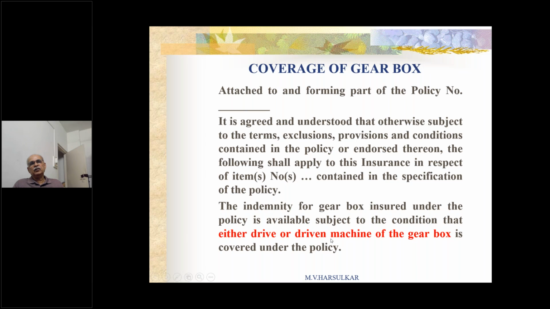So there is the electric motor, then the gearbox, and let's say some machine. Either the drive, that is the electric motor, or another drive, diesel engine, whatever is there, it should be covered with that, or it should be covered with the driven machine, whatever machine is attached to it. So it cannot be covered in isolation.